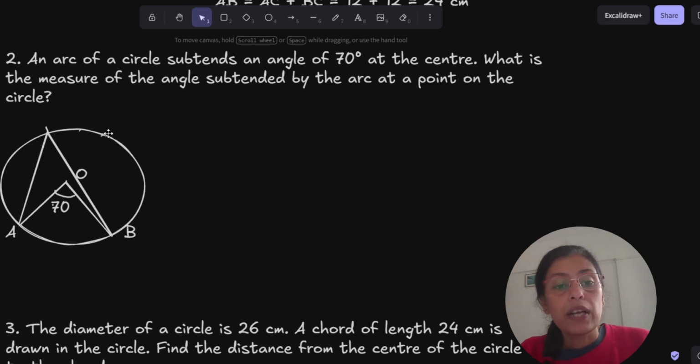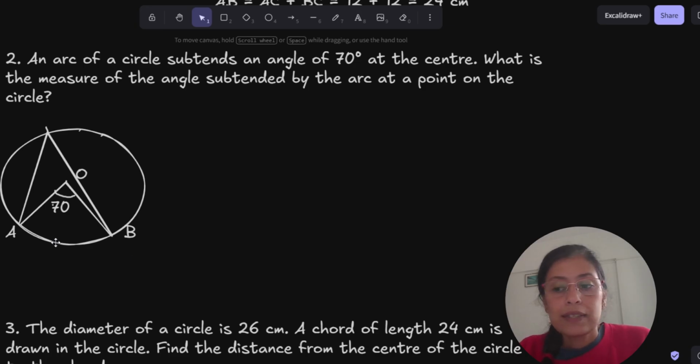You can take a point here, you can take a point here. So you can take any point on the circle and you can join that point with the endpoints of the arc. Now you have to remember that your point should not be on this side, right? It should be on the other side of the arc.